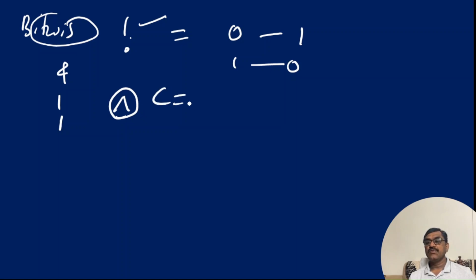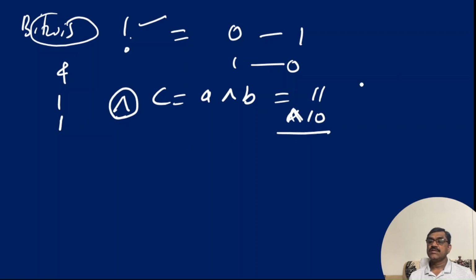For the same example, C equals to A exclusive OR B, where A is 11 and B is 10. Now we are performing the bitwise exclusive OR operation. 11 is 1011 and 10 is 1010.